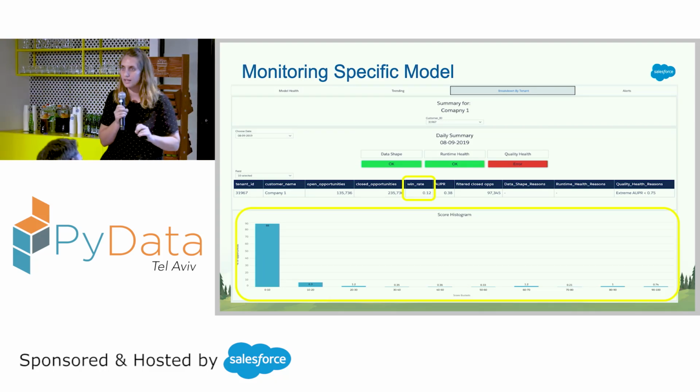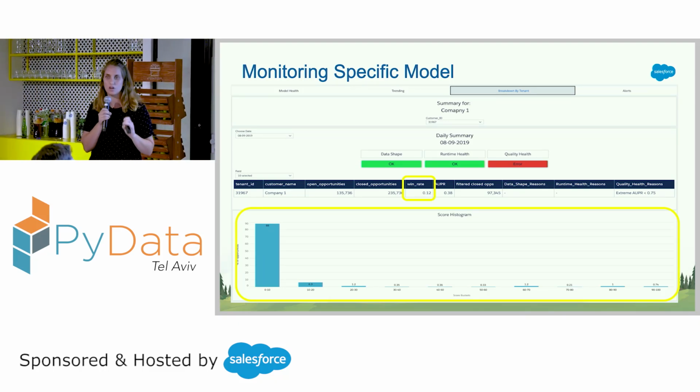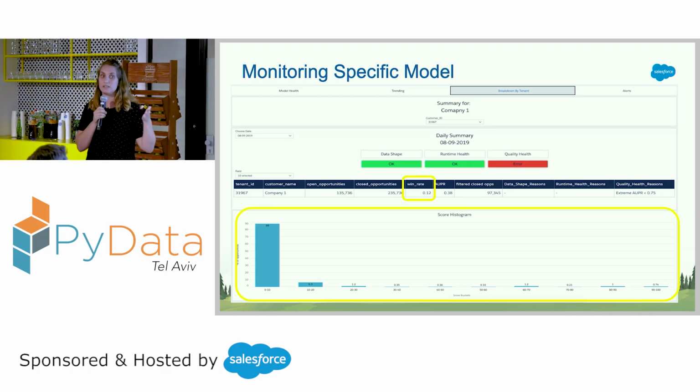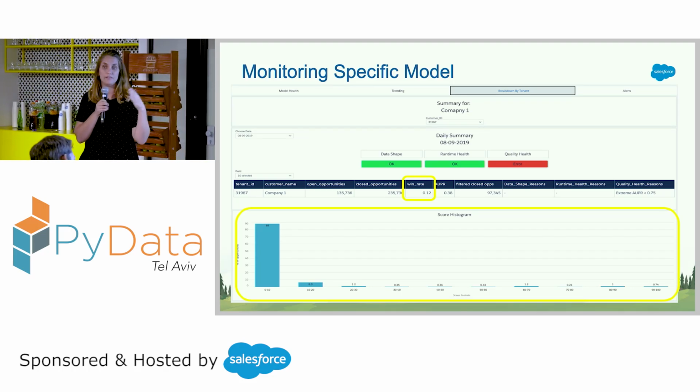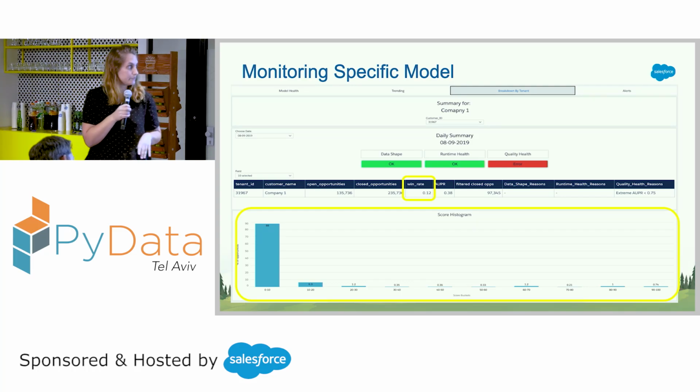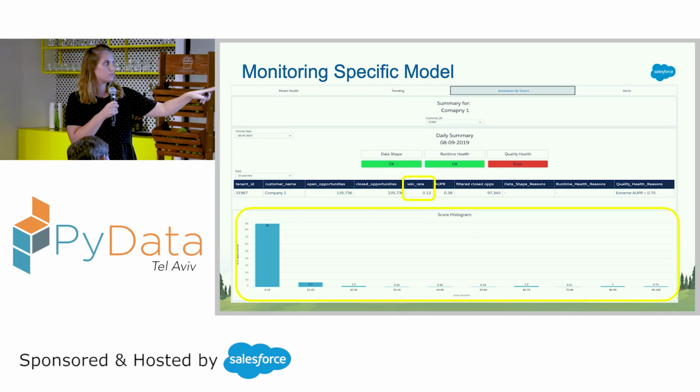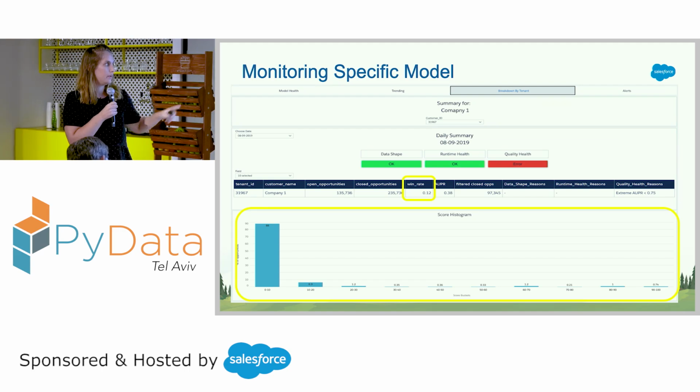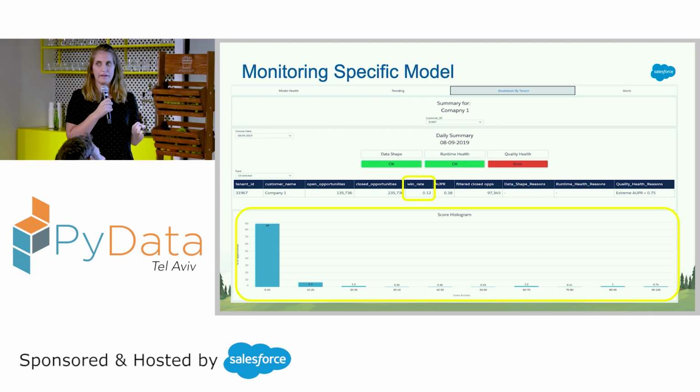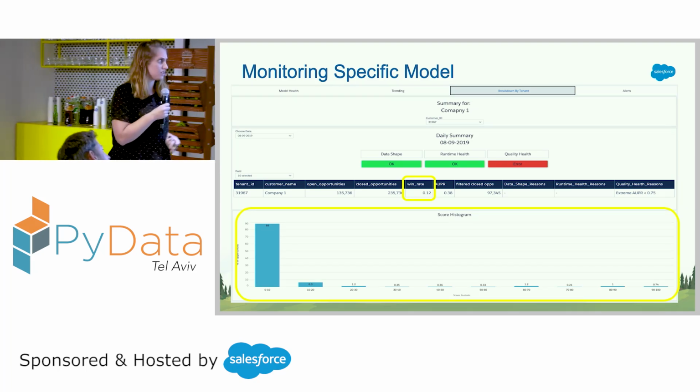In our system, win rate is the ratio between the closed opportunities that closed as 1, divided by all the closed opportunities. So we can see those two metrics are really unbalanced and really weird, and it's suspicious.